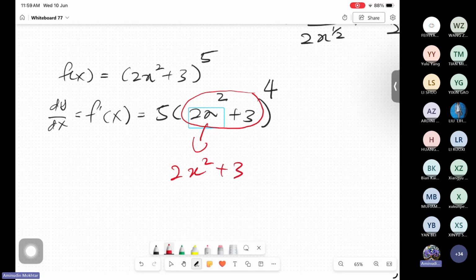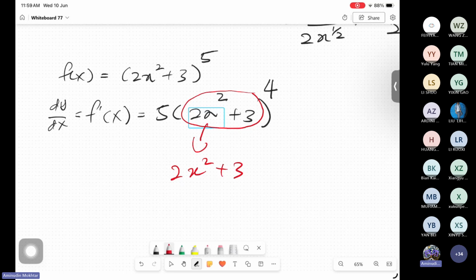For this example, we just found the derivative from the outside of the bracket. But in the bracket we have another expression, 2x squared plus 3. We must differentiate this expression too.